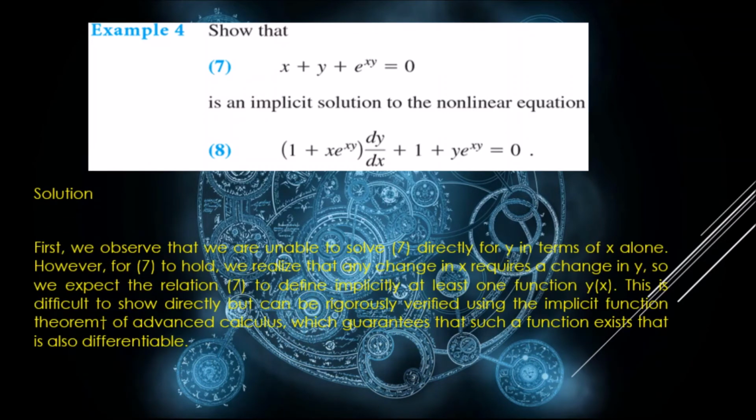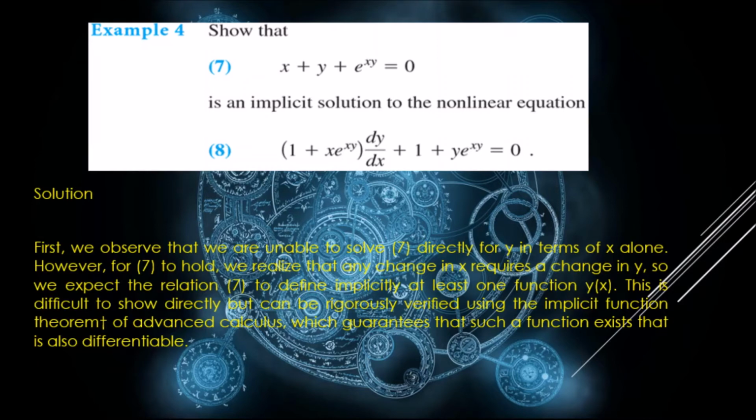So here is the solution. First, we observe that we are unable to solve equation 7 directly for y in terms of x alone. However, for equation 7 to hold, we realize that any change in x requires a change in y. So we expect the relation 7 to define implicitly at least one function y of x.